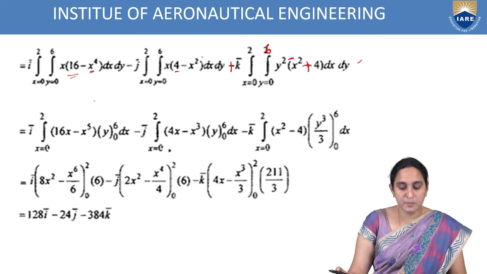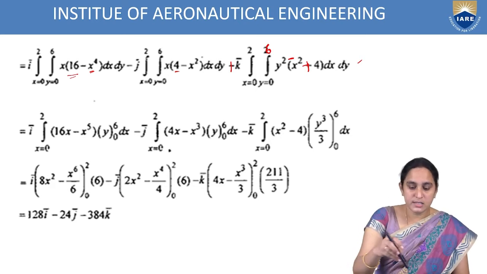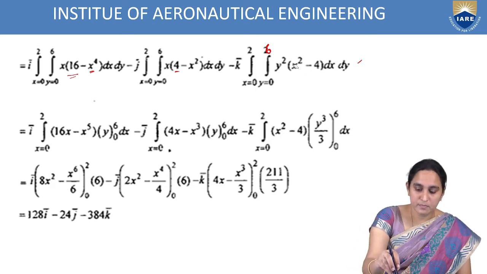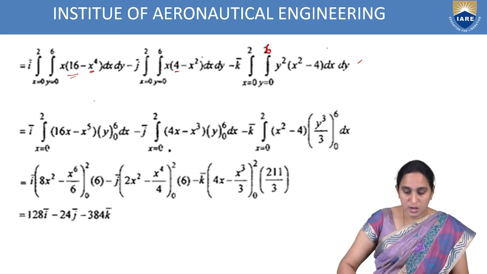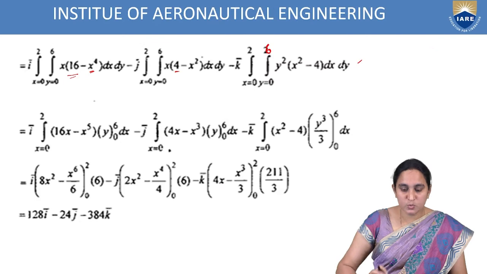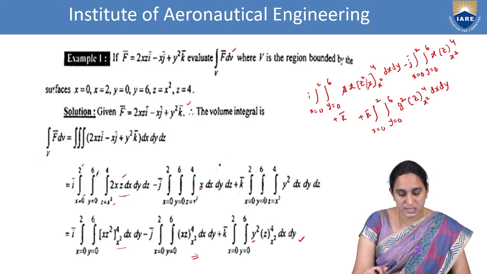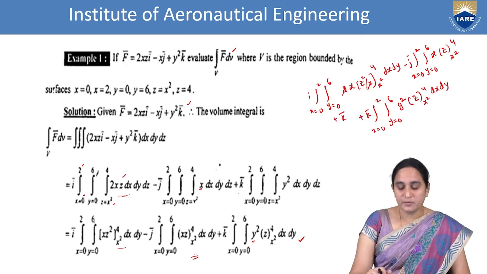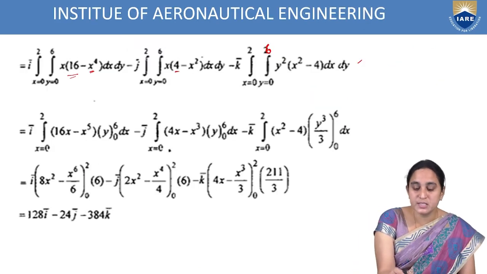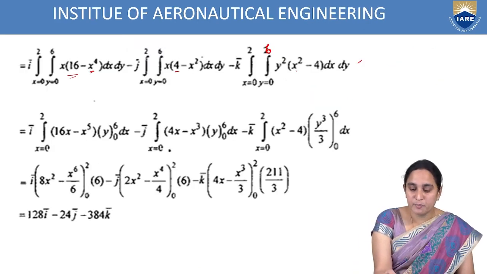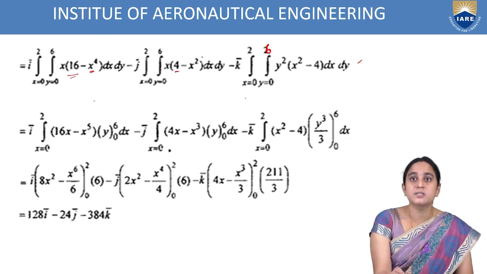And the next step, or else take here minus of k bar into y square, x square minus 4, also correct. Generally we have to substitute the limit points first the upper point, after that the lower point, but here we can take the lower point minus 4, taking the minus outside, so this is also correct.